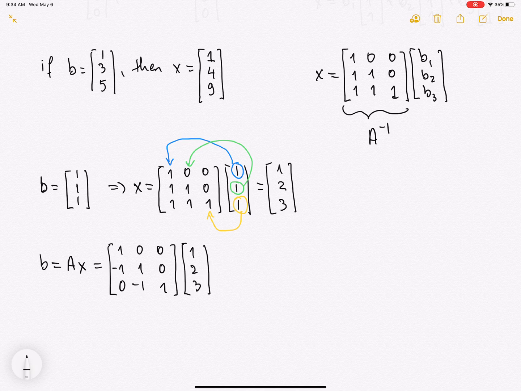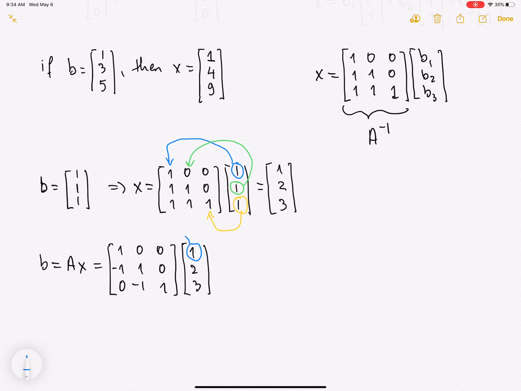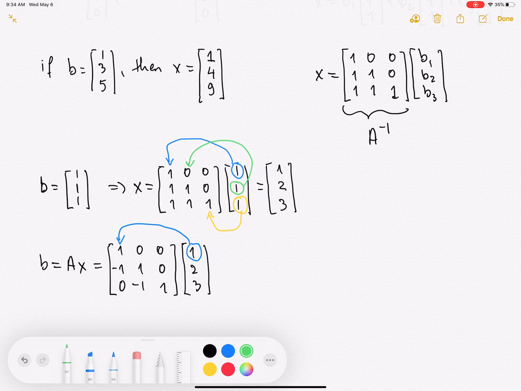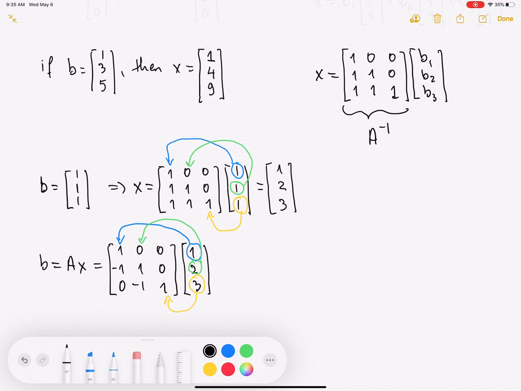Now, similarly to the previous multiplication, this tells us to take 1 times the first column. The second entry tells us to take 2 times the second column. And the third one tells us to take 3 times the third column and add them up.